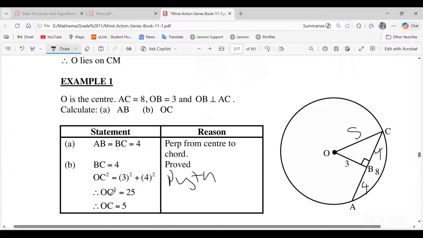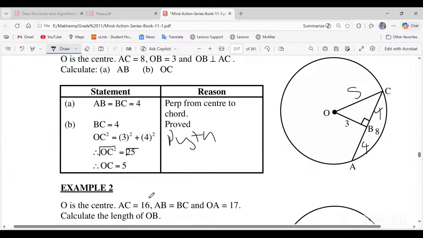Now, remember, I want OC, not OC squared. Now, to remove that squared, I will plug in the square root. Since this is an equation, whatever I do on the left-hand side, I should also do on the right-hand side. Therefore, I put the square root here, I also put the square root here. Now, OC is equal to 5 units.